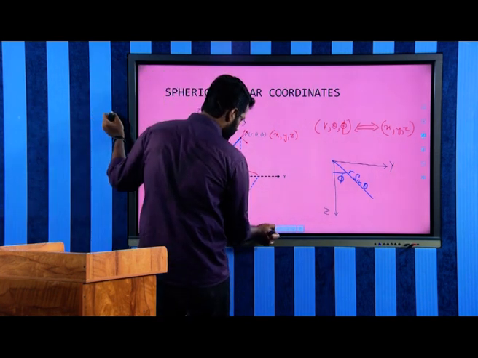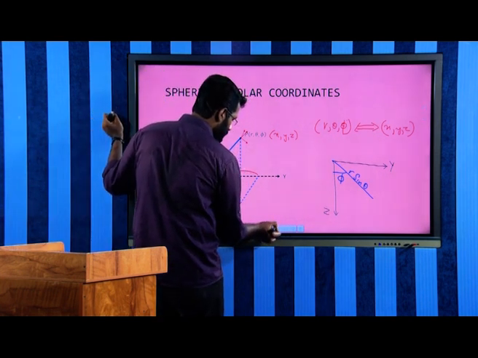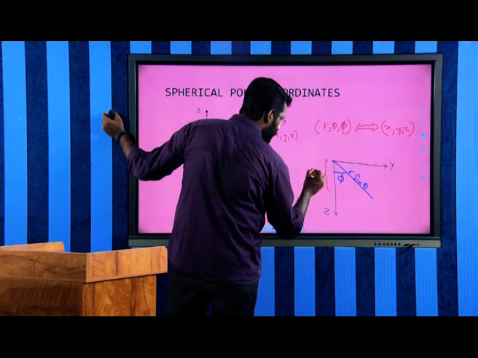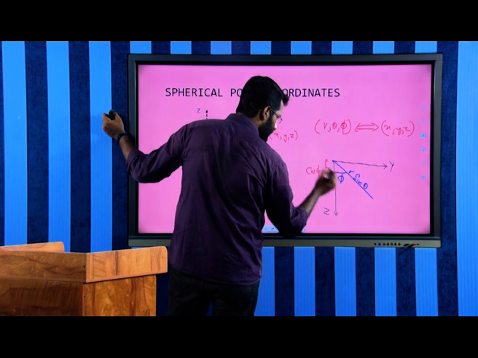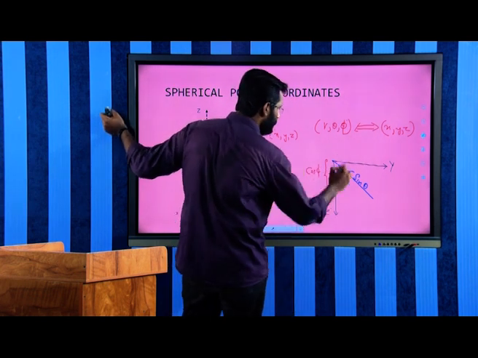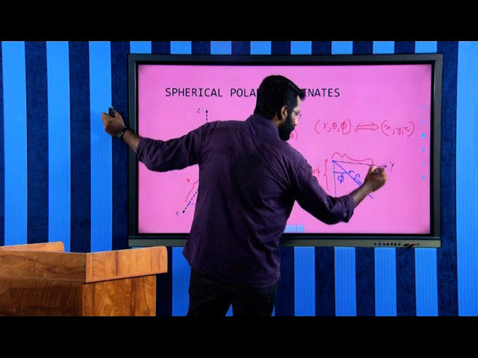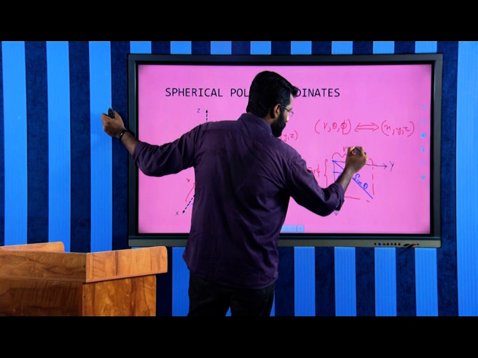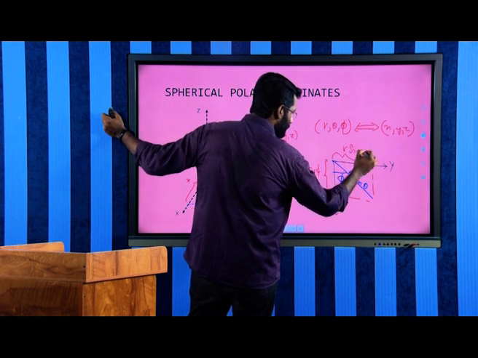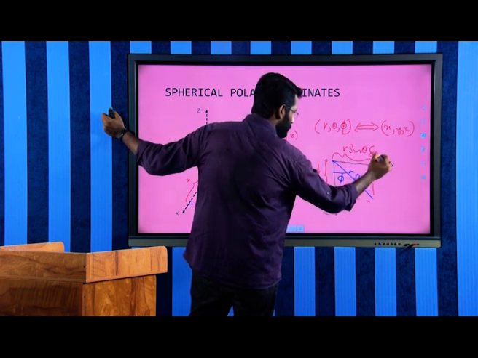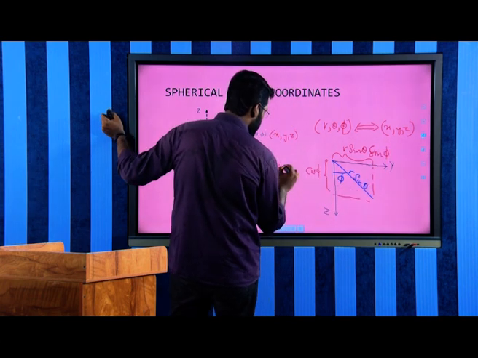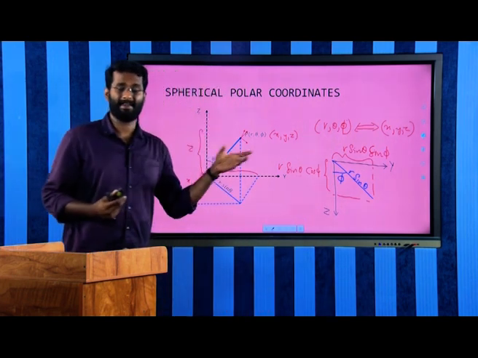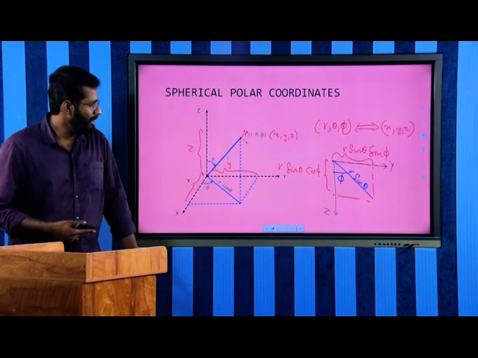So this r sin theta will have a cos phi component here. That means r sin theta cos phi will be here, and this will have a y component, r sin theta sin phi. So r sin theta has two components, r sin theta cos phi and r sin theta sin phi.